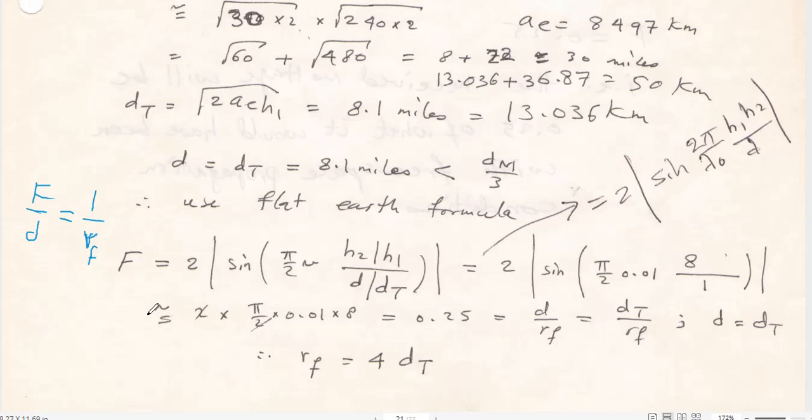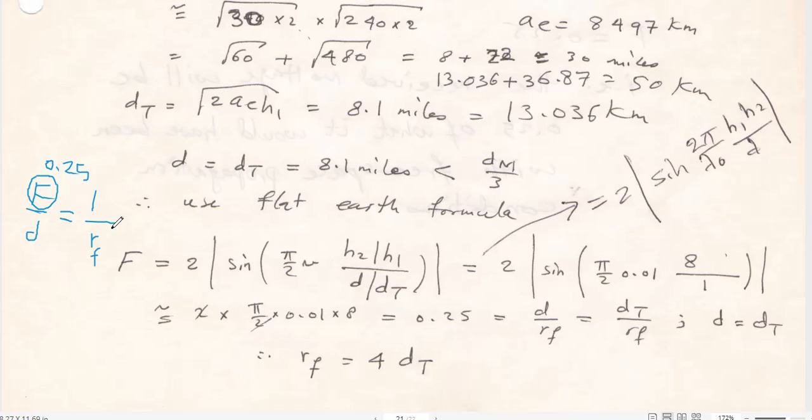Okay, let's write it. Rf. Okay, now F is 0.25 here, as you can see here, 0.25.